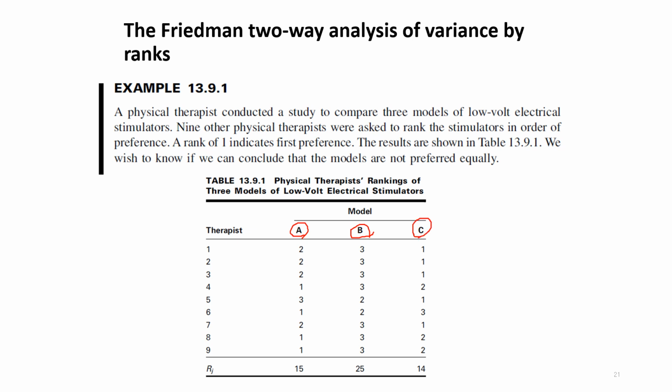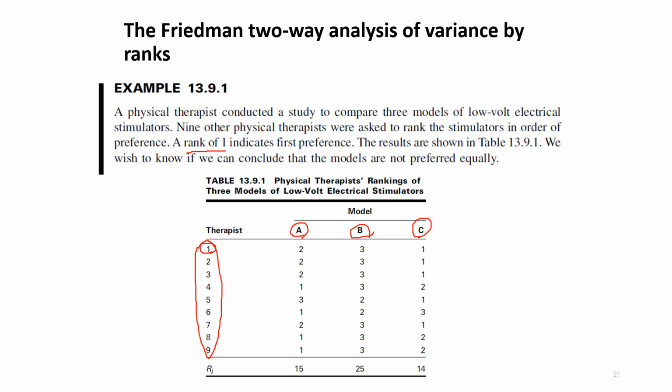It depends, since according to a different therapist, preference would be different. So we picked 9 therapists. Each therapist was asked to use all 3 models and put the rank. What is the best one? What is the lowest one? I don't know. The rank of 1 indicates the first preference.